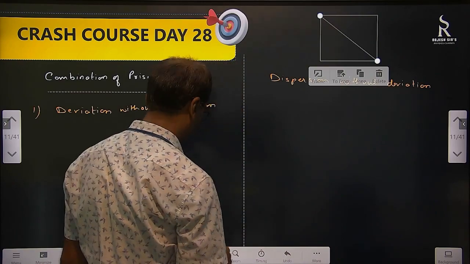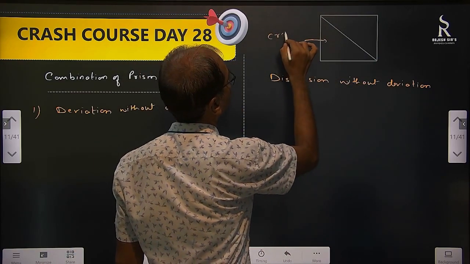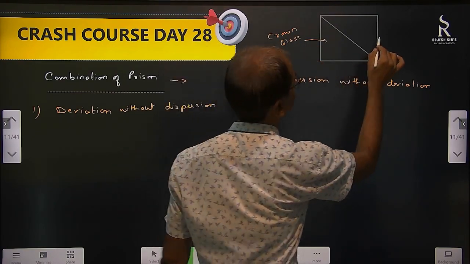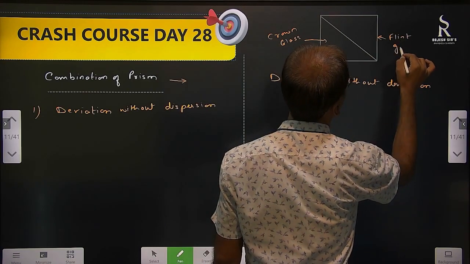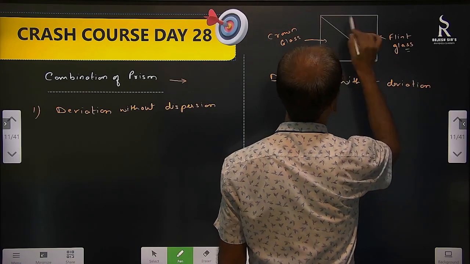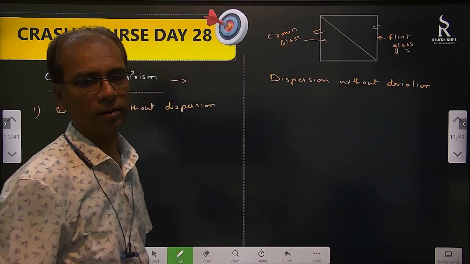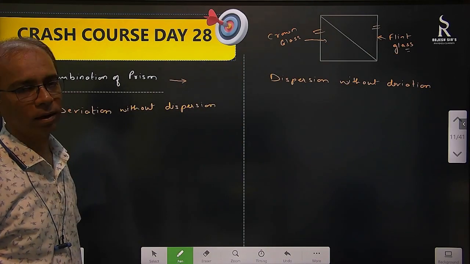What type of prisms we'll use? One is made from crown glass, other one is made from flint glass. This is flint glass. But in this one, what is the problem? When I have made it in the square, this surface and this surface has become parallel. Both are parallel.